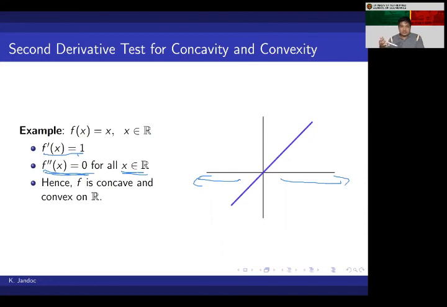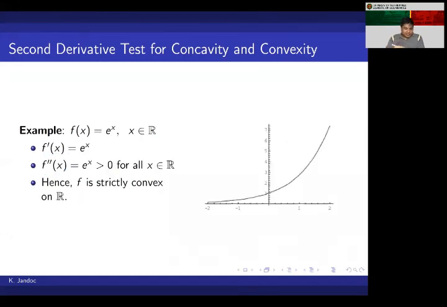In this case, it's equal to 0, so it satisfies the definition of concavity. And it also satisfies the definition of convexity, because it requires that the second derivative f double prime of x should be greater than or equal to 0. Since this second derivative equals 0, it also satisfies the definition of convexity. So this function is both concave and convex on the domain, the real number line.